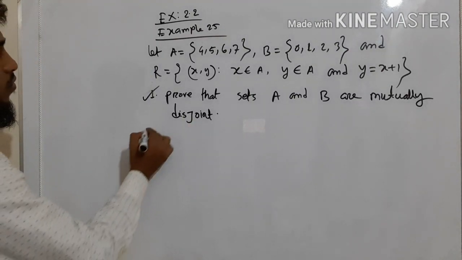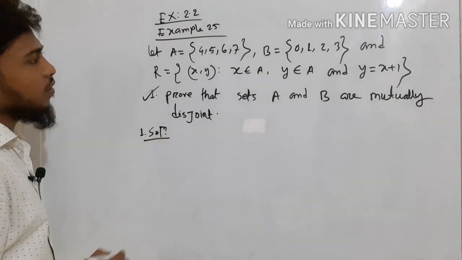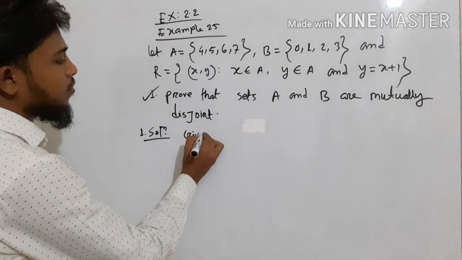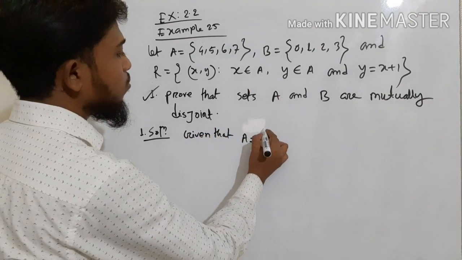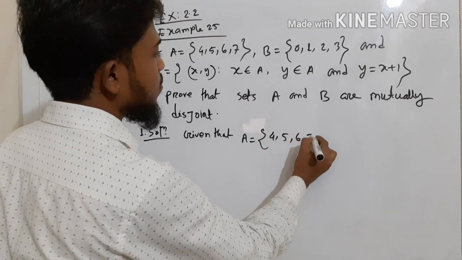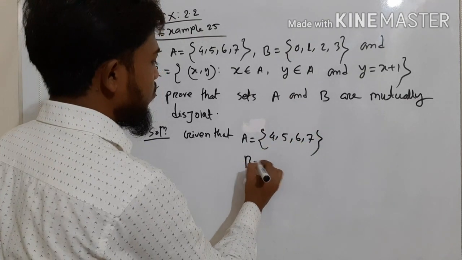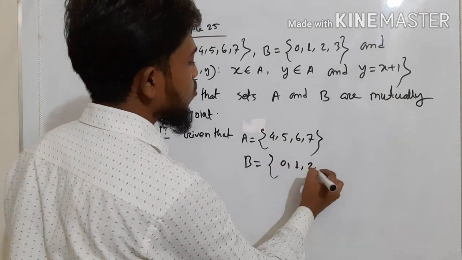Solution 1. Given that A equal to {4, 5, 6, 7}, B equal to {0, 1, 2, 3}.